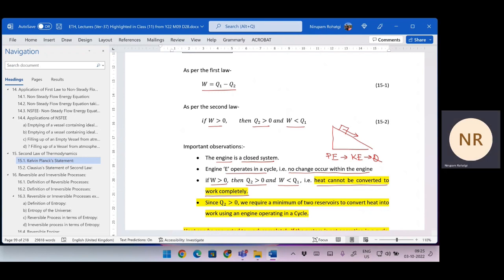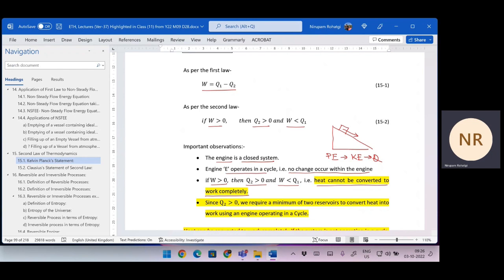Potential energy is a form of work. Kinetic energy of the block, not of the molecules. Similarly, potential energy of the block, not of the molecules, not microscopic, but macroscopic energy. So macroscopic potential energy, macroscopic kinetic energy, they are the same as work and they can be converted to heat completely. So one-way conversion is possible, complete 100% conversion is possible.